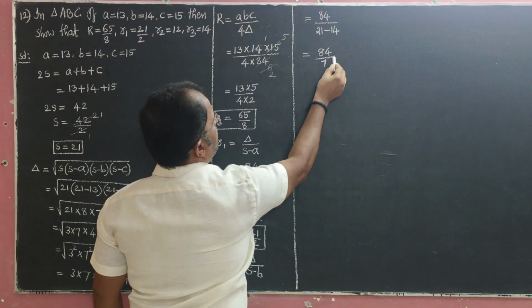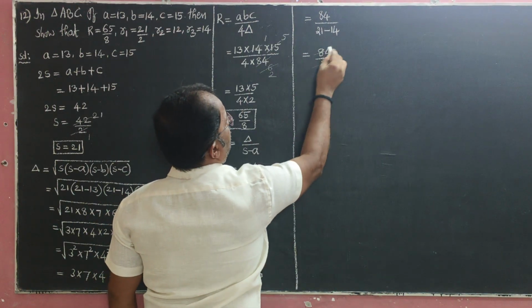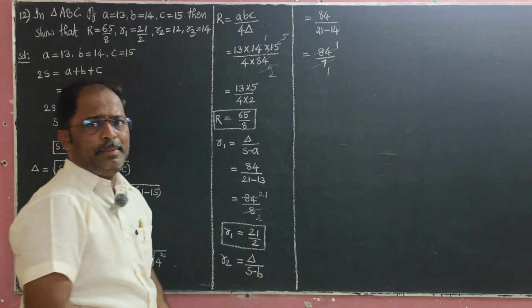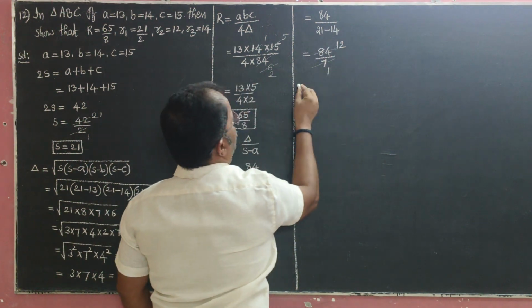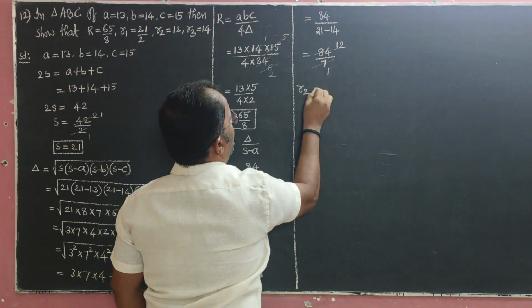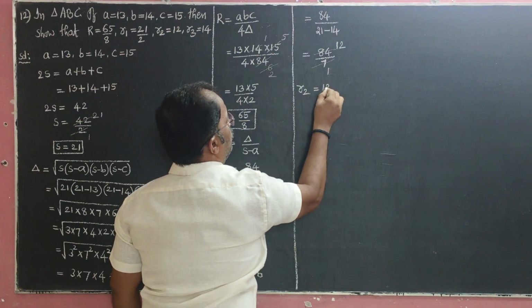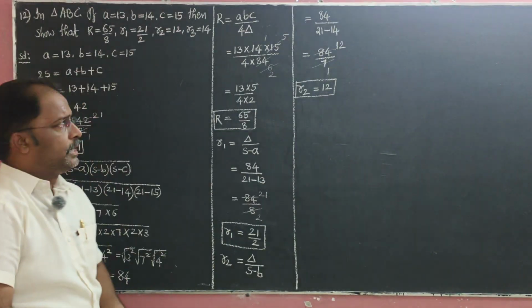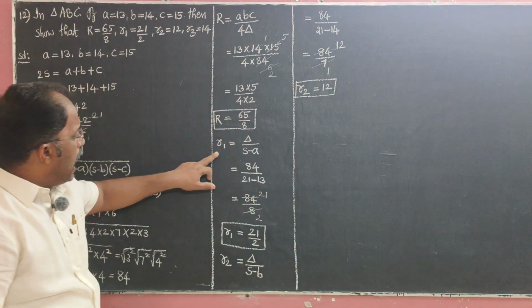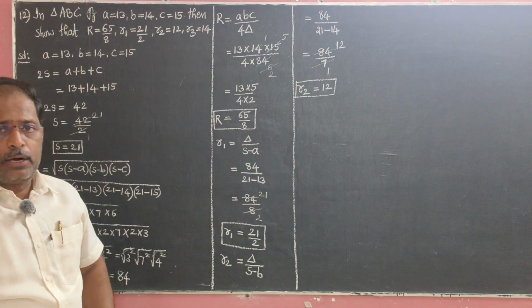Okay, clear. With cancel 7, 7 1, 7 1 is 7, remaining 1. Okay, 1 4 means 14, 7 2 is 14. So r2 value is, what is the value? 12. So r2 value is 12 also completed. Okay, capital R completed, r1 completed, and r2 completed.